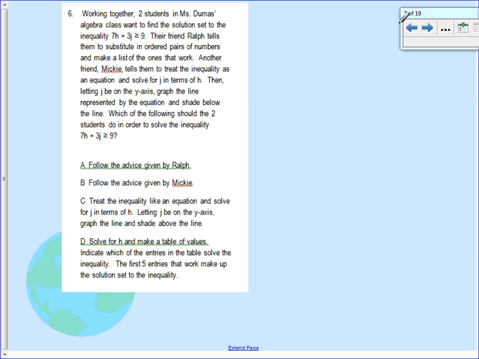Okay. You guys okay for number 6? Is it B? It's not B. C. How do I graph an inequality to figure out what my solutions are? Let's say I have 7h plus 3j is greater than or equal to 9. What is the very first thing I told you guys about graphing or solving for an inequality?